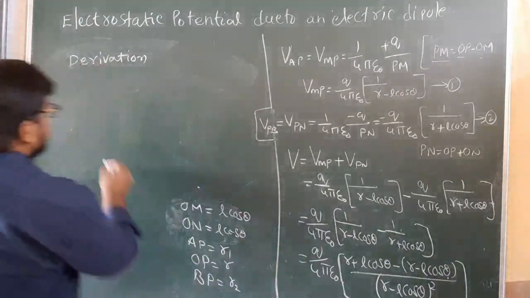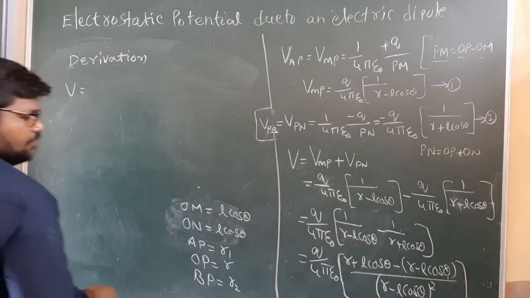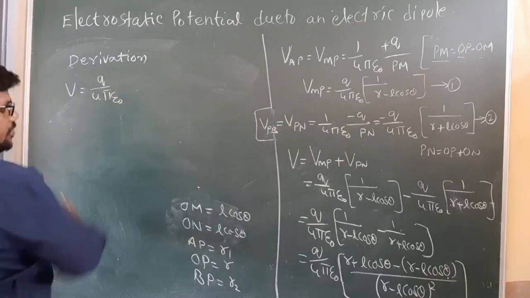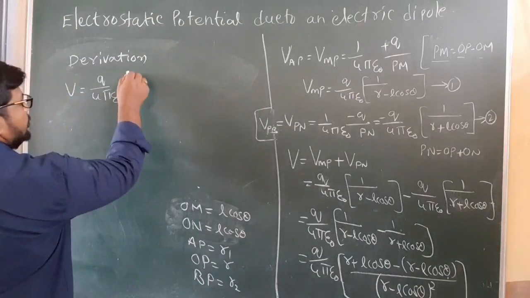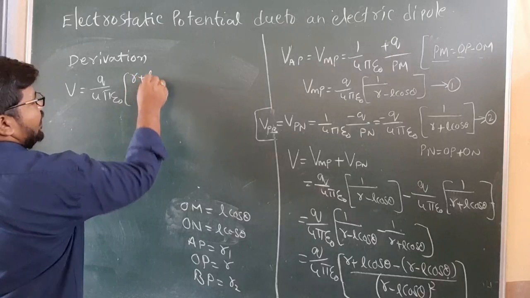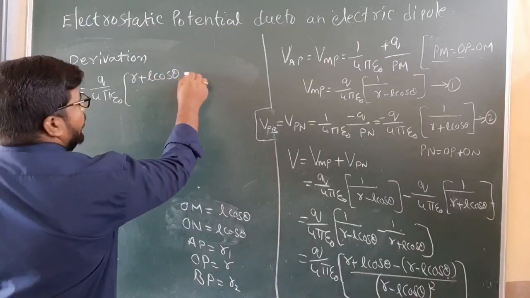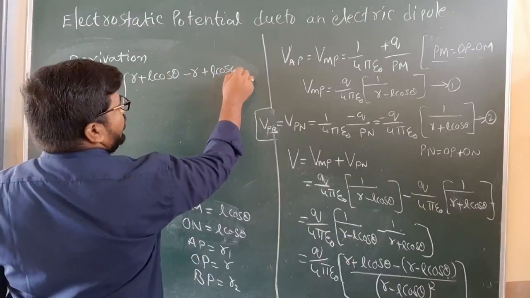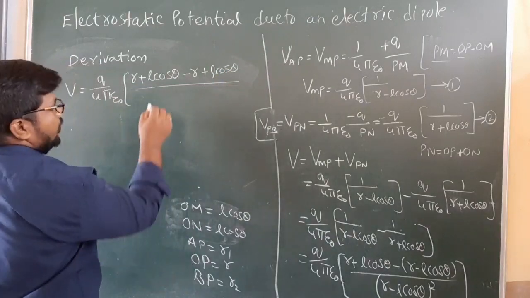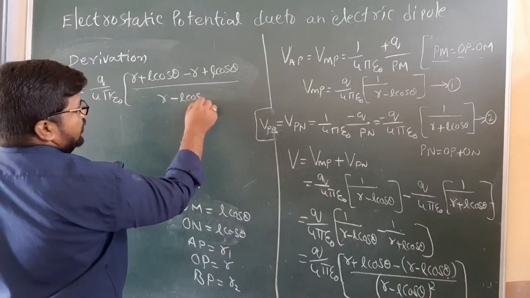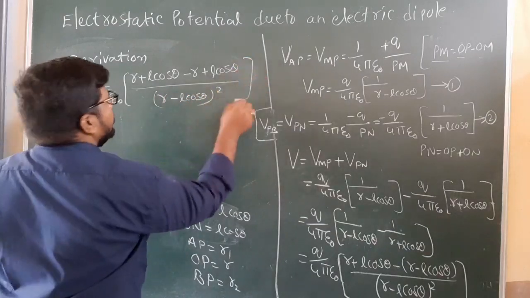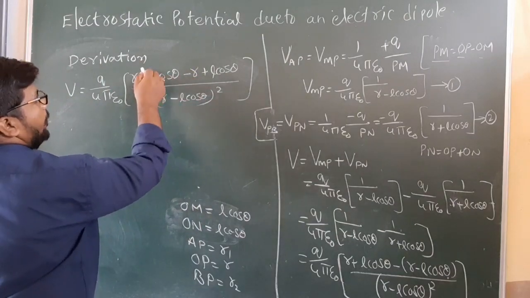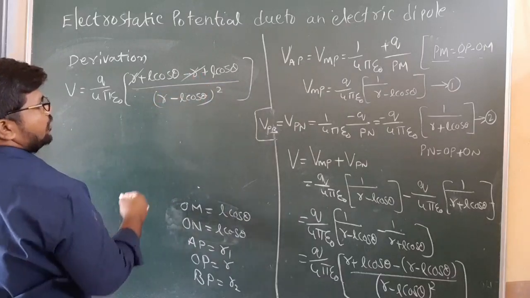So rearrange this. V is equal to Q by 4 pi epsilon naught, R plus L cos theta minus R plus L cos theta divided by R minus L cos theta whole square. Here R minus R gets cancelled.